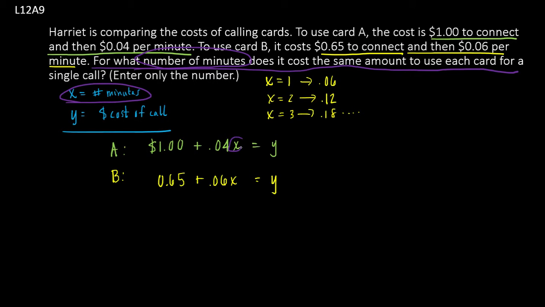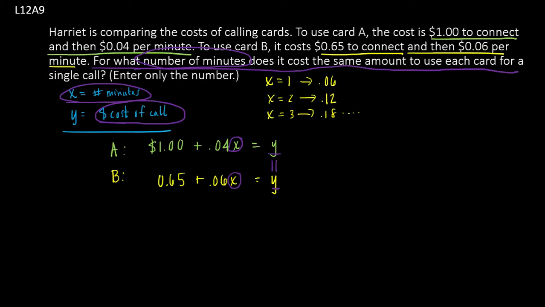So somehow we need to solve for x. And we're told that the situation is that it's going to cost the same amount to use each card. So they're saying the cost of the call, y, is going to be equivalent. Meaning this y and this y are equal to each other.